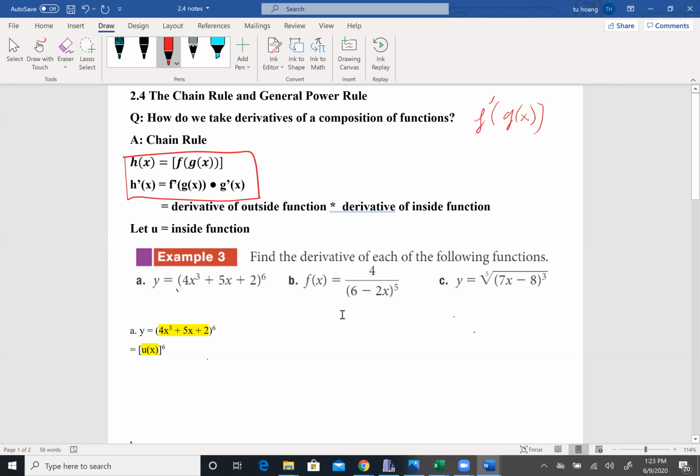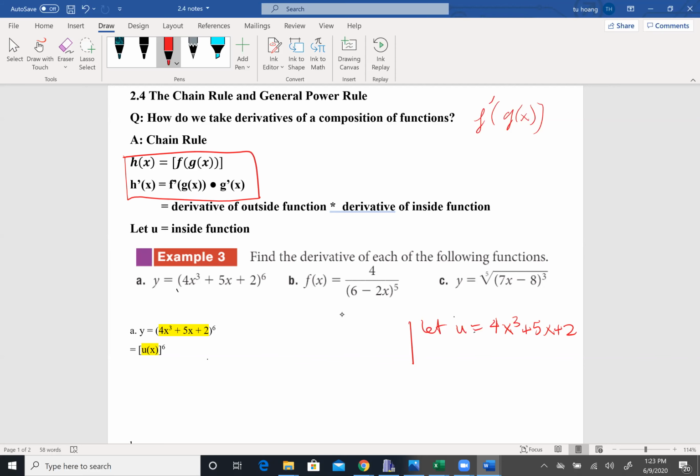So I would like to have a side work, and I say let u equal the inside function. What is the inside function here? It's 4x cubed plus 5x plus 2, right? Only the inside, I don't want to put the power 6 here.